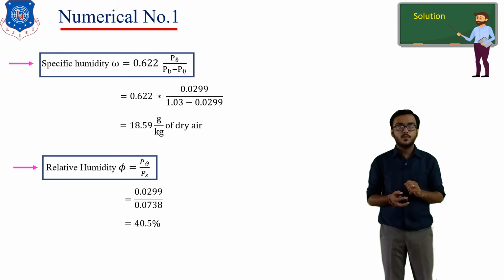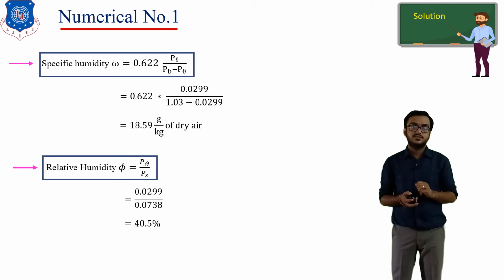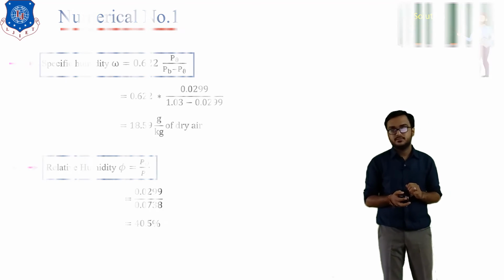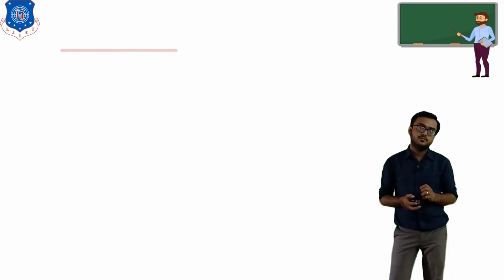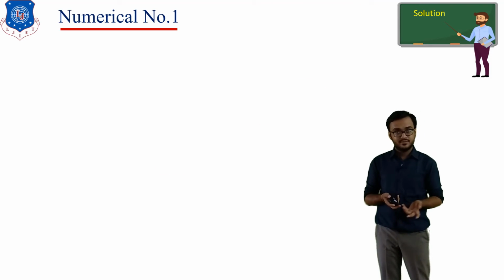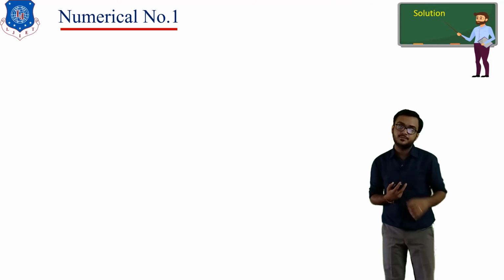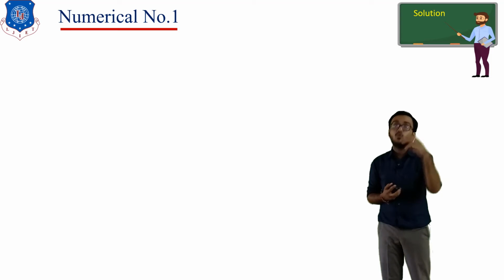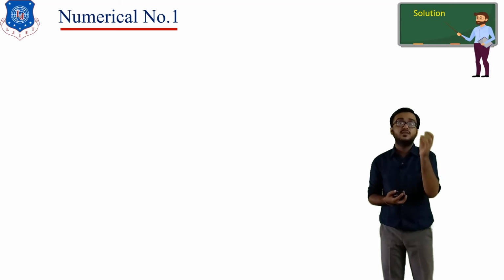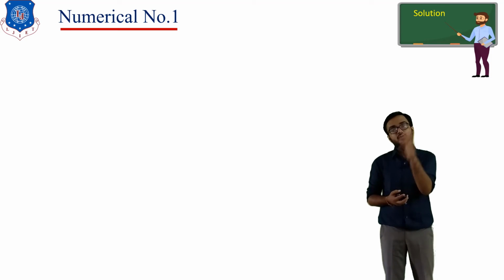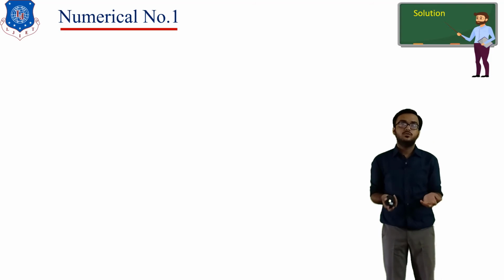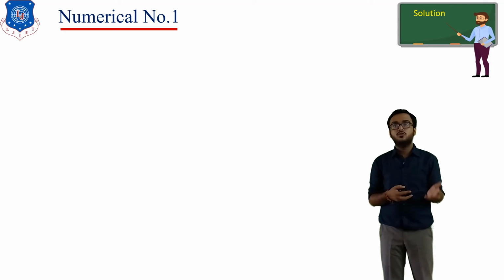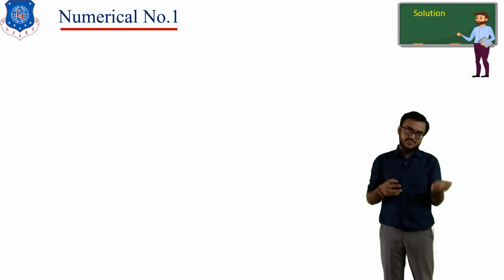Clear? Now, next one is enthalpy of air. What do you mean by enthalpy? Enthalpy is equal to simply U plus PV. But what do you mean by enthalpy of mixture? Enthalpy of mixture means total enthalpy, which is equivalent to enthalpy of dry air plus enthalpy of water vapor. Again, we know that the total enthalpy is equal to mass multiplied by specific enthalpy.